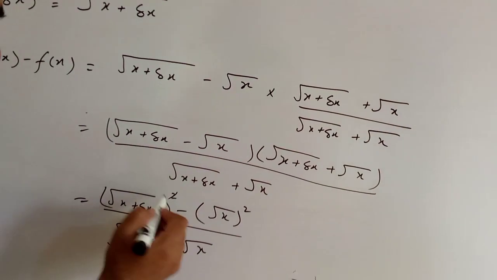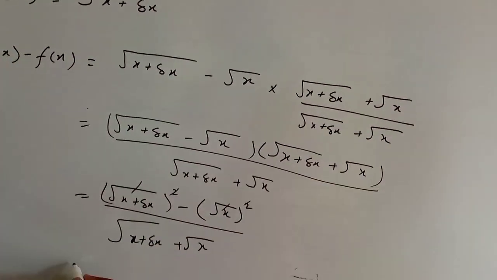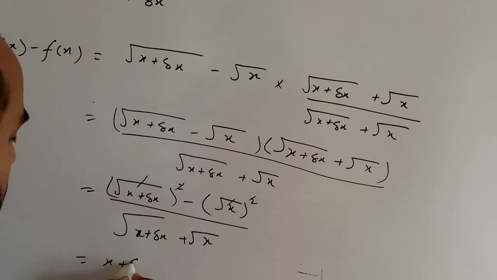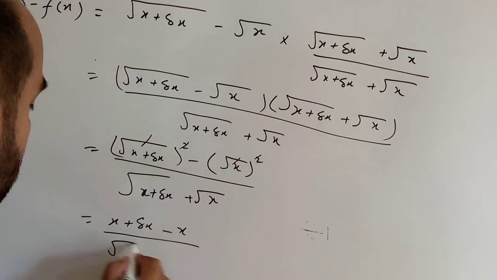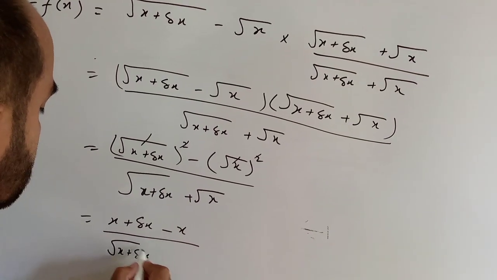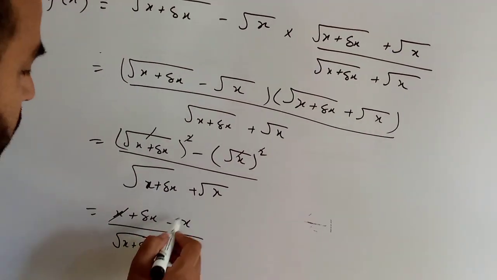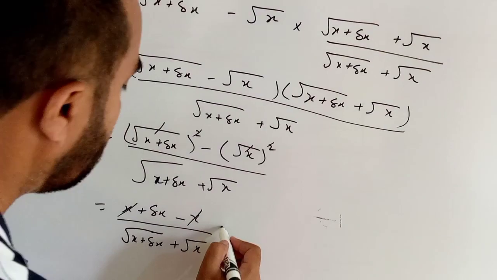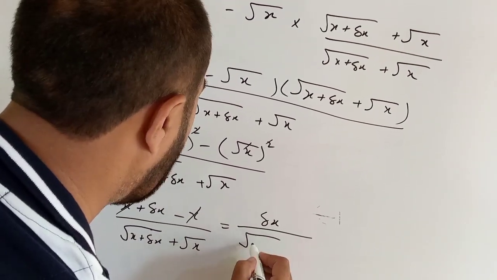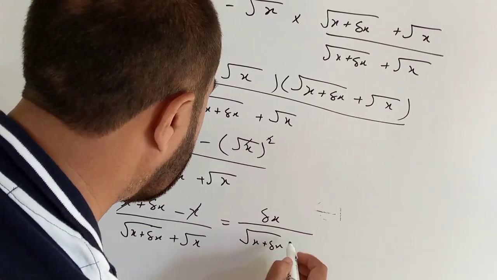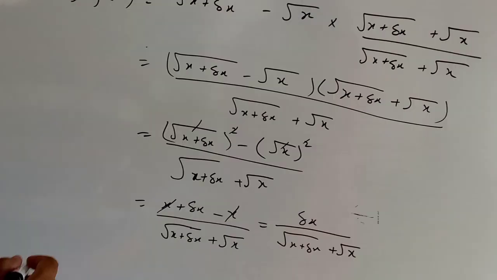The square will be cancelled with the square root, and we are left with x plus delta x minus x over square root of x plus delta x plus square root x. The x and minus x cancel, and we are left with delta x over square root of x plus delta x plus square root x. This is our step 2.